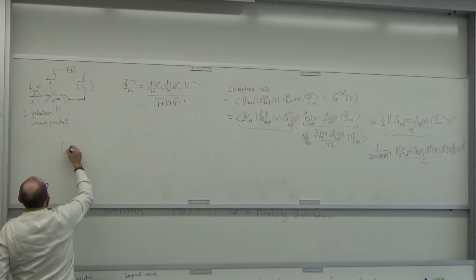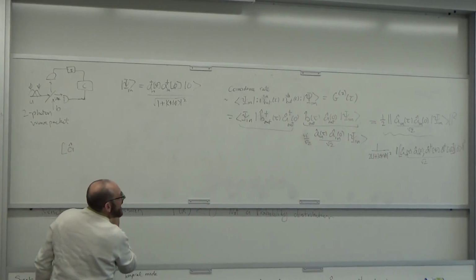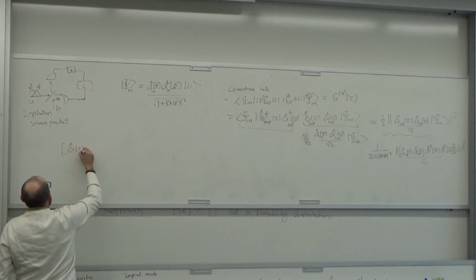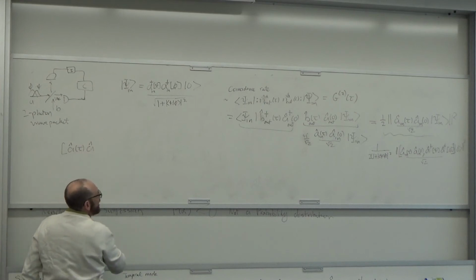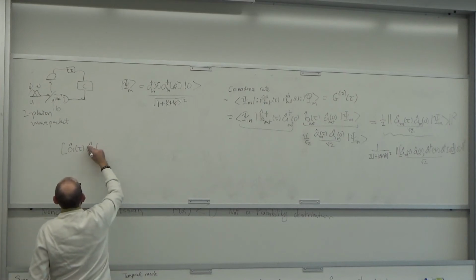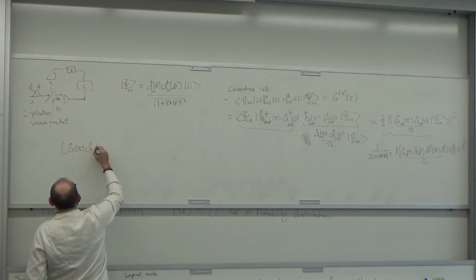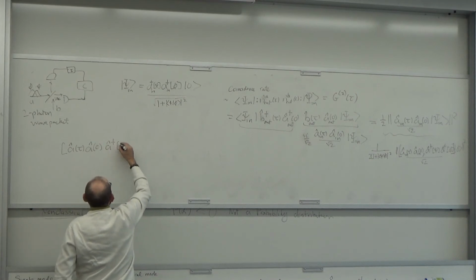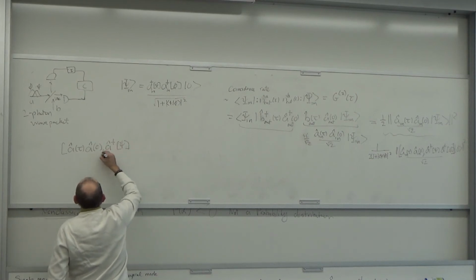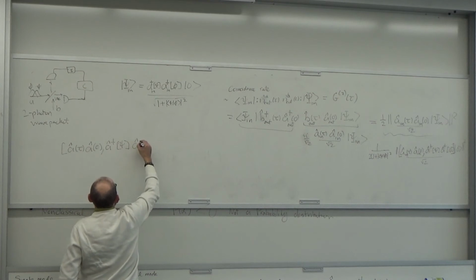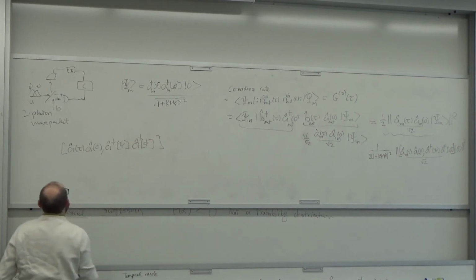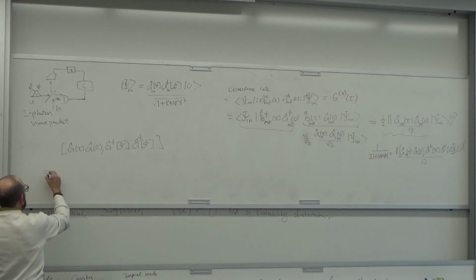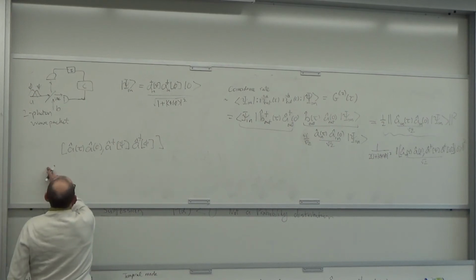So I have A at tau, A at 0. Everything is in now, so I'm going to forget about my ins and outs. I've got my A dagger psi and my A dagger phi. And I've got to calculate that commutator. And so now I use the rules.